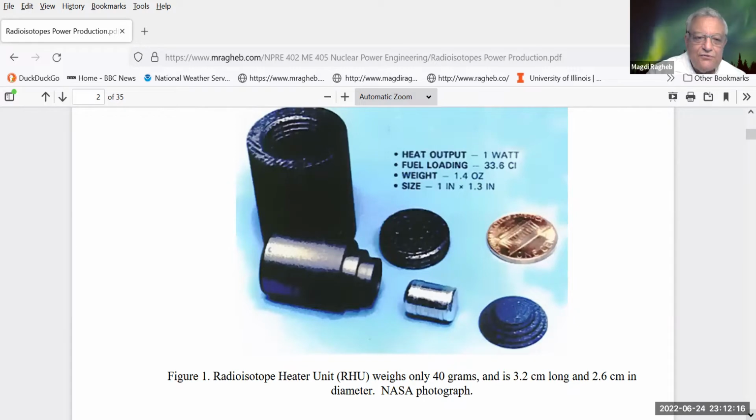First, let us show you one of those actual isotopes in use. This is a little pellet here, a metallic pellet that is 40 grams in weight, or 1.4 ounces. The size of the whole device is 1 inch by 1.3 inch. The little tiny piece here of that plutonium-238 is maybe the size of a penny, as you could see here, but it is placed in a graphite enclosure as a shield enclosure that can take very high temperatures.